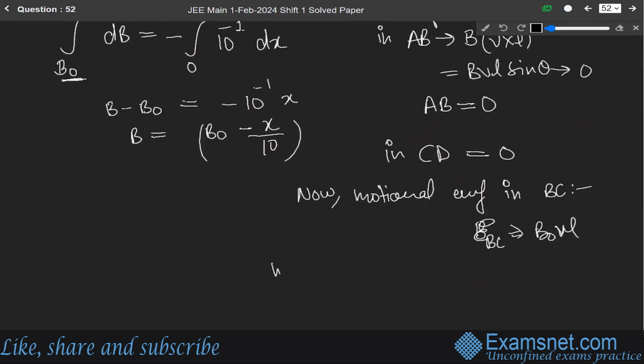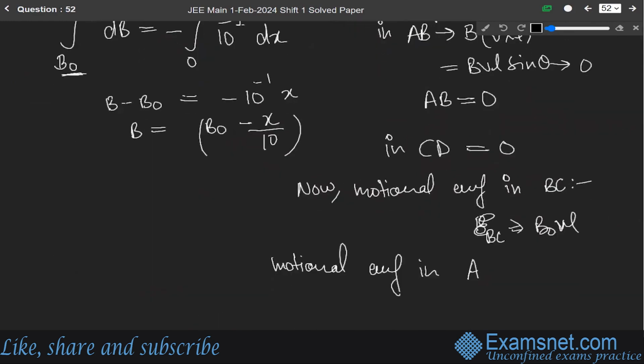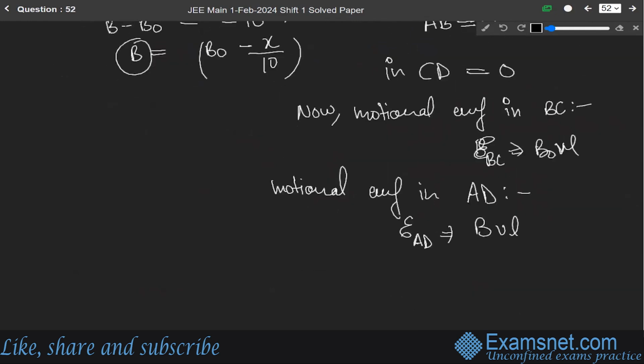And now the motional EMF in AD. In AD, the motional EMF will be what? BVL, because in AD the magnetic field is B. So BVL. And here B is what?